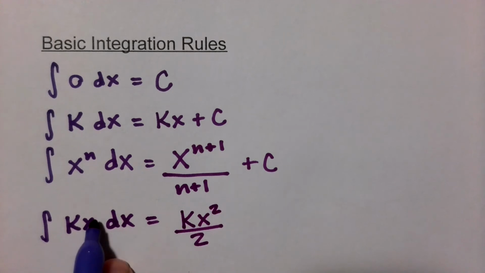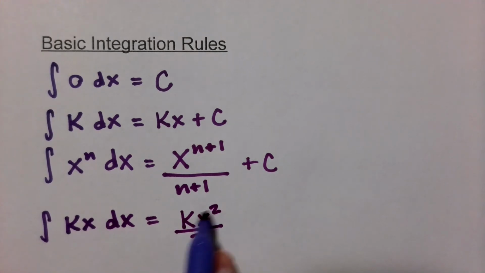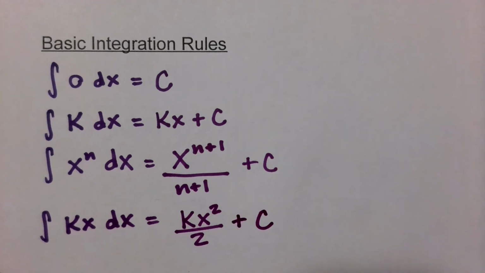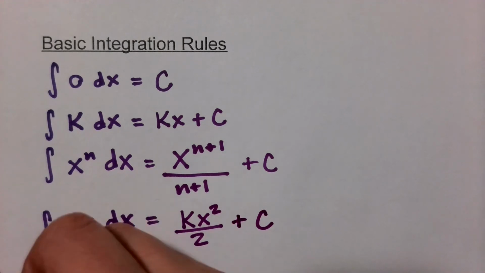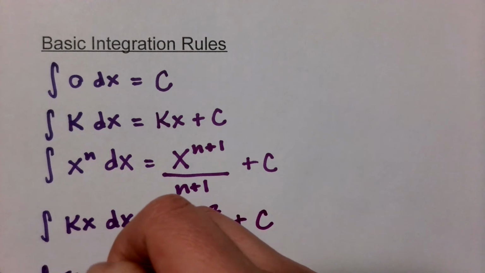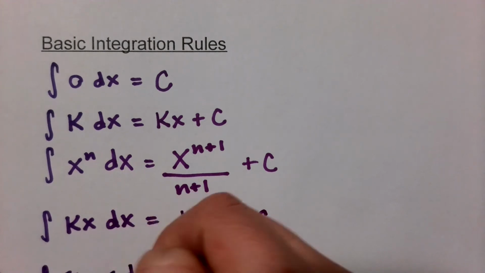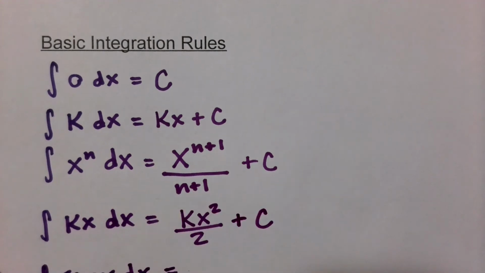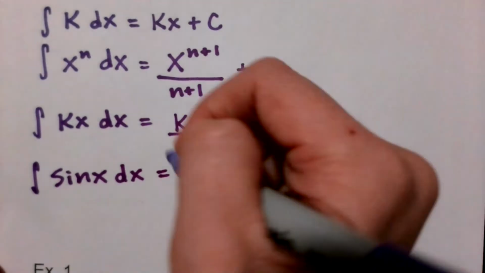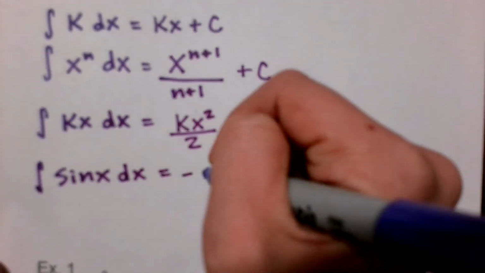So where normally I would multiply my power times the constant, now I'm dividing by my new power in the original coefficient. Plus C. And then just a few trig ones that we're comfortable with right now. If I'm integrating the sine of x with respect to x, oh sorry, I couldn't see. If I'm integrating sine, I will end up with a negative cosine.